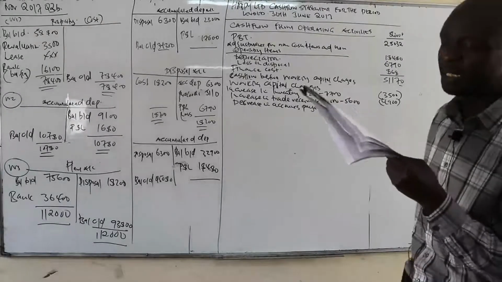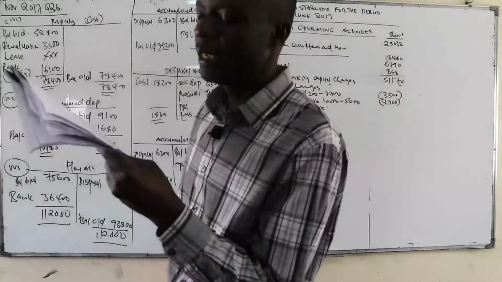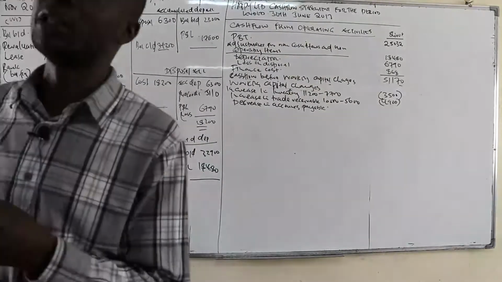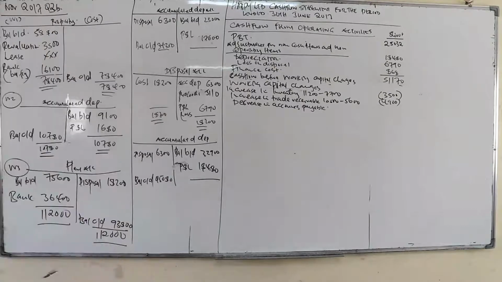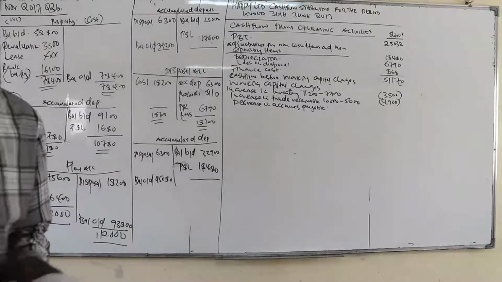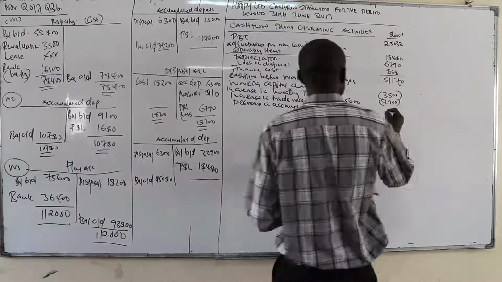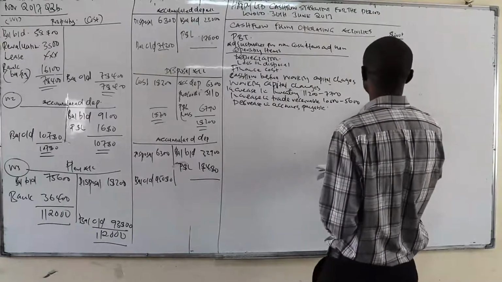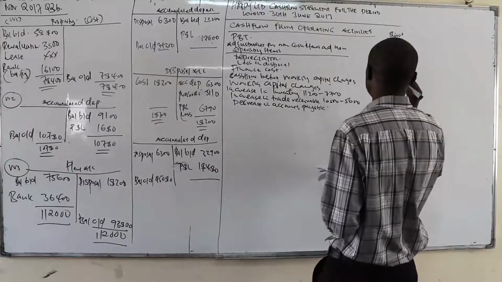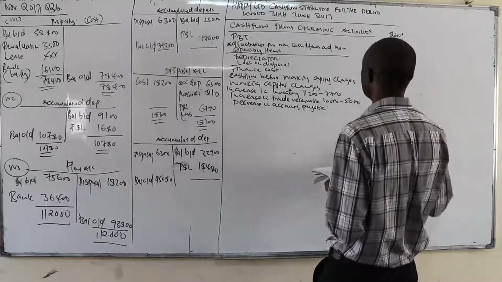If it is a liability and the liability is decreasing, then it means there is an outflow of money. If it is increasing, then it means there is an inflow. 1,600. So what do we get? 700, isn't it? So this 700, that one you deduct.